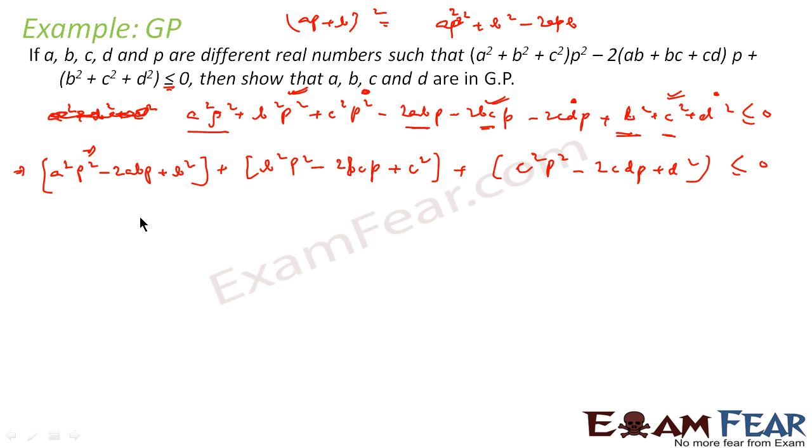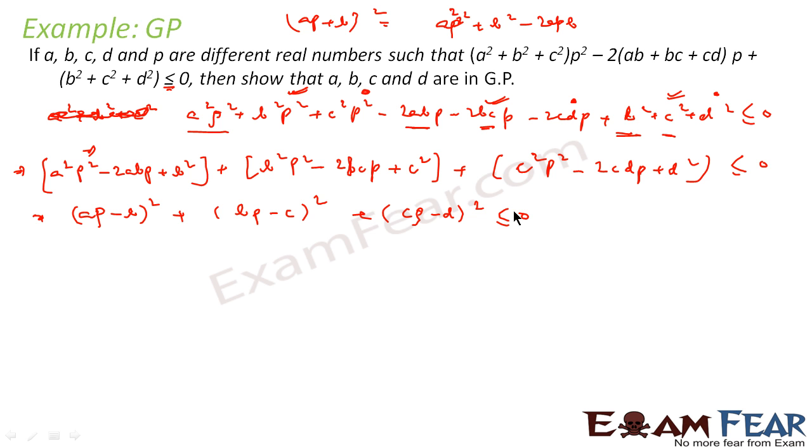So I made these three buckets. This is nothing but (ap minus b) square, this is nothing but (bp minus c) square, and this is nothing but (cp minus d) square. This is less than or equal to 0. Since we have squares of numbers, the sum can't be less than 0, because 3 square plus 4 square can't be 0.